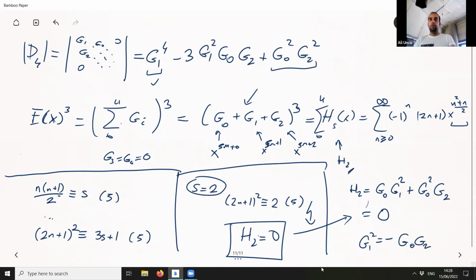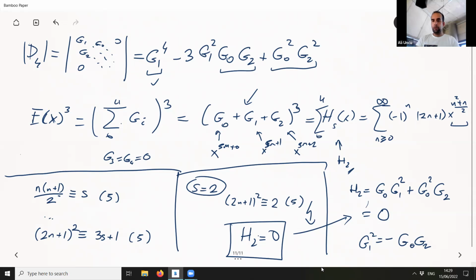So G0 G2, we can plug that in and write it in G1s. If you were to write that, so this is a positive G1 to the 4. Then you plug that in again, this is positive G1 cube, I believe. Am I correct?